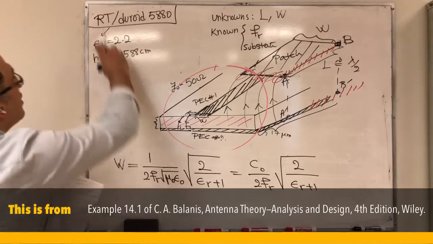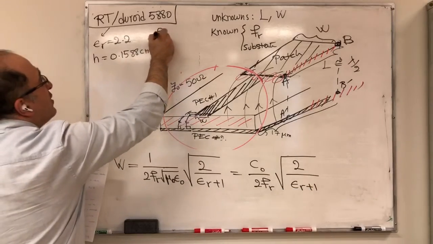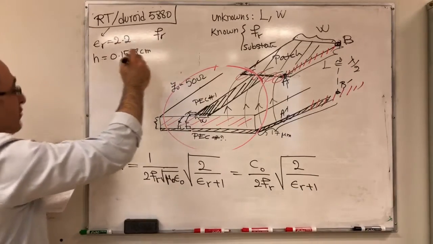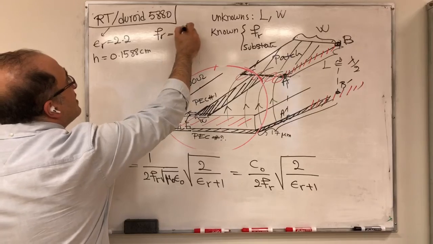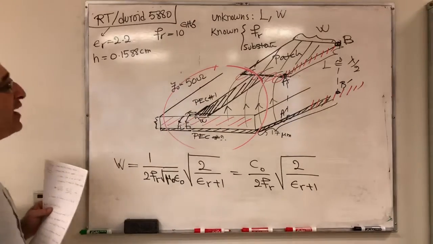Now this is my substrate, and I'm also saying I want a frequency of 10 gigahertz, which is the center frequency of X band. So this is my FR.